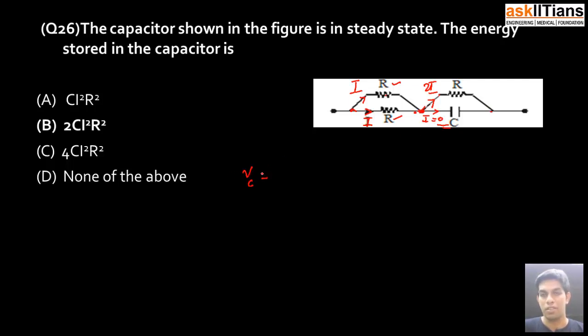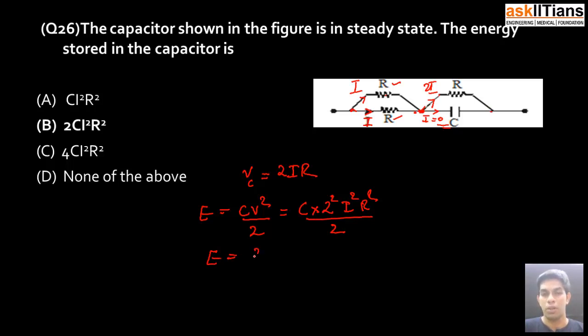Let's call that VC is equal to 2IR, and the energy stored in the capacitor is given by CV square by 2. So I have C over here, V square is 2 square I square R square, by 2. So the energy stored is equal to 2C I square R square. Hence B is the correct answer.